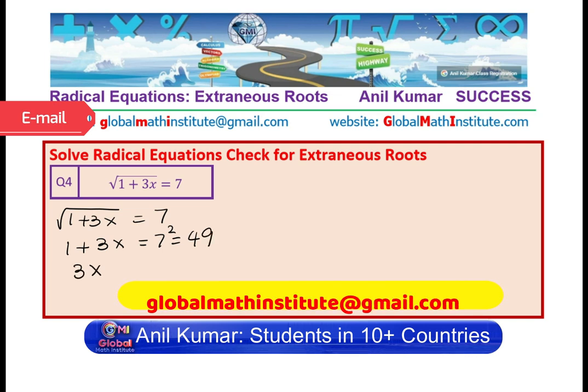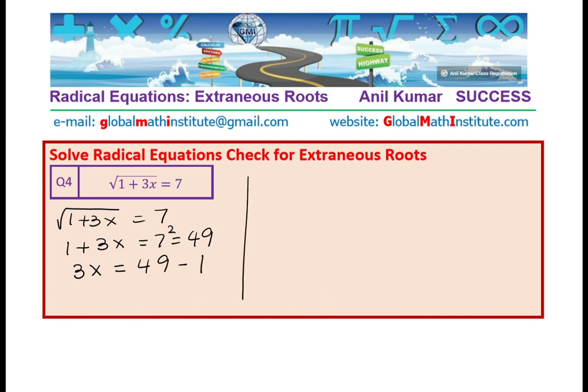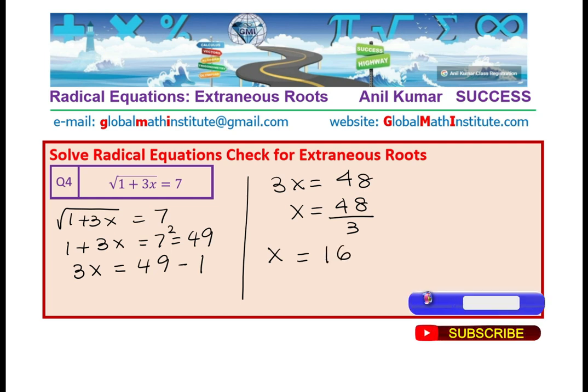Now, 3x equals 49 minus 1, right? So we have 3x equals 48. Dividing by 3, we get our solution. So we have x equals 16.